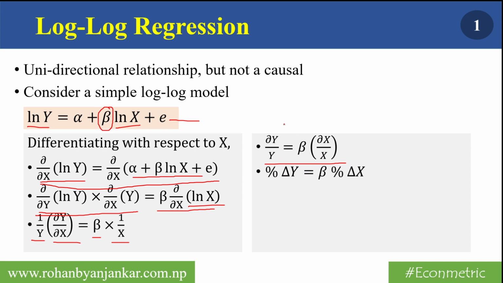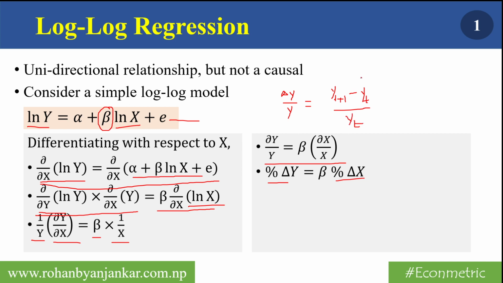You may be confused why I have written it as percent change. It may be called change in y over y, and it may also be called y(t+1) minus y(t) divided by y(t).